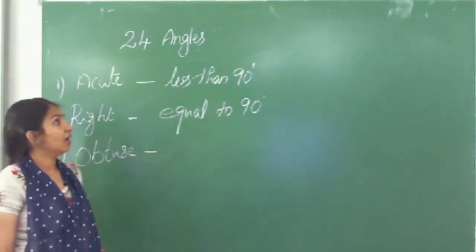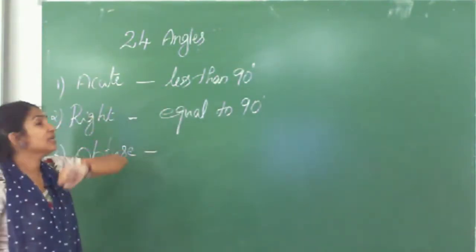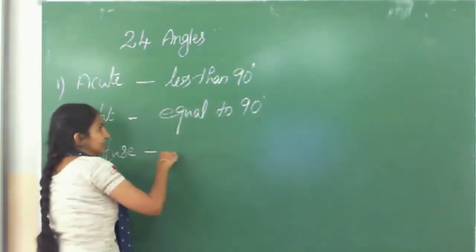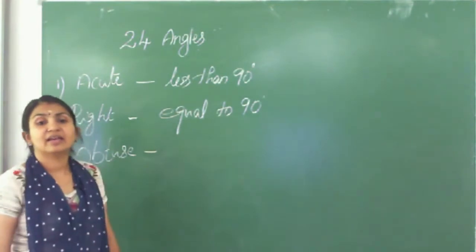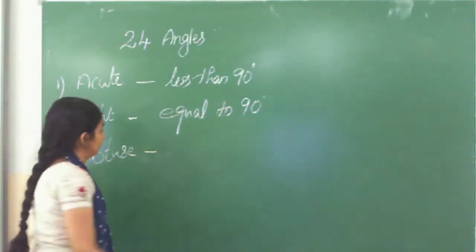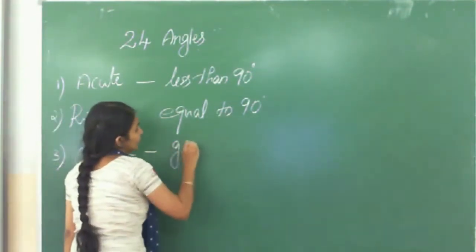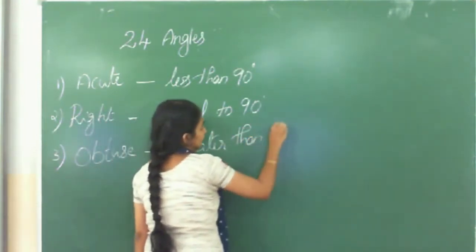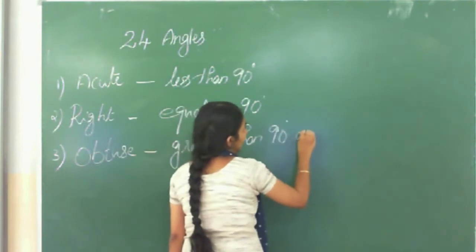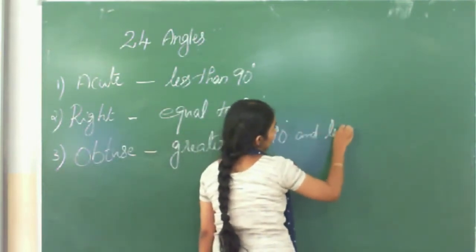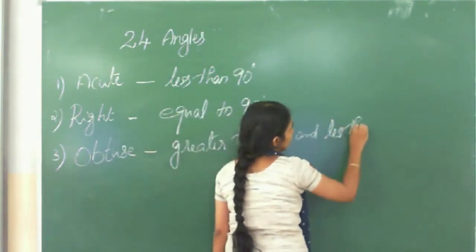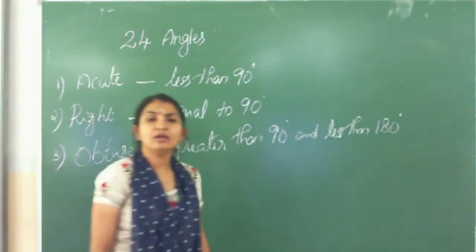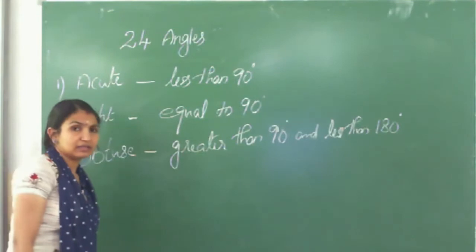Obtuse angles are the opposite of this, that is angles which are greater than 90 degree, but the condition is they are less than 180 degree. These are called obtuse angles.